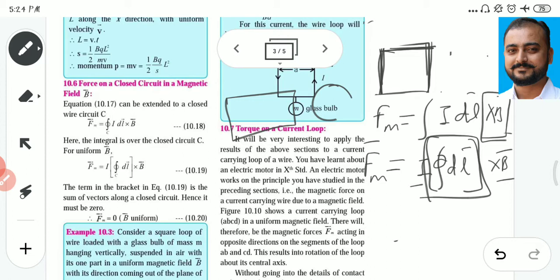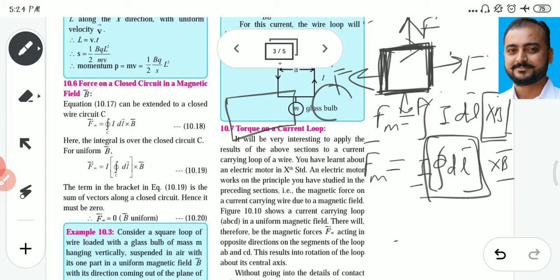Suppose the force acting on this wire gets cancelled by this one, and the force acting on this wire gets cancelled by this one. So if these are the directions of forces, the force here gets cancelled by this one, and the force here gets cancelled by this one.